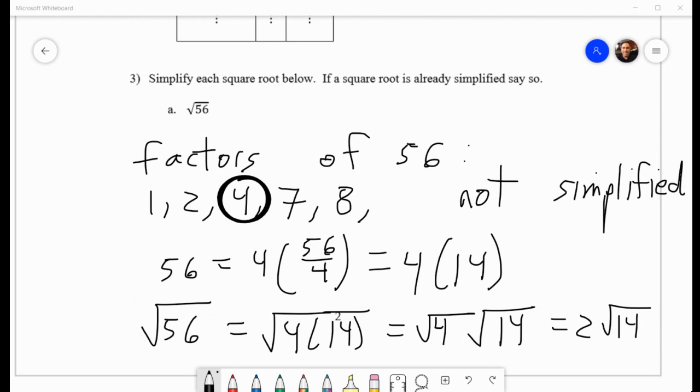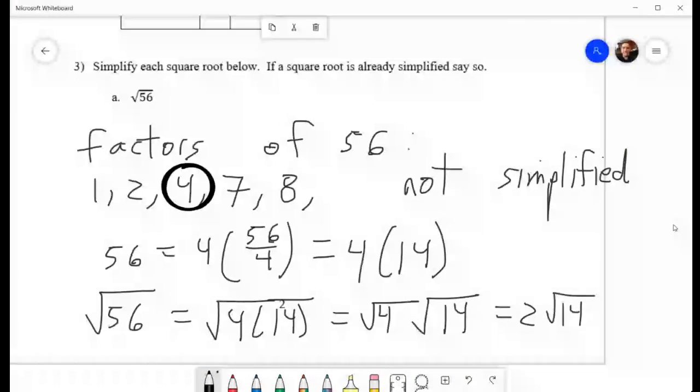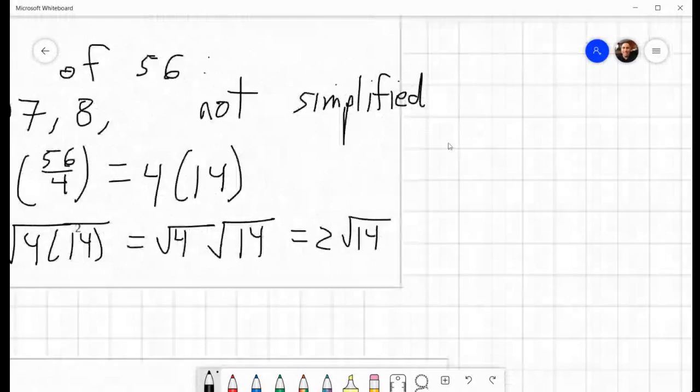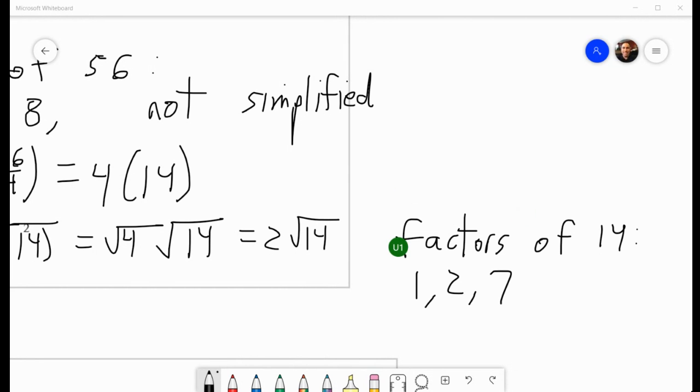I'm going to have to go off the page here. Move this over. Oh, no. Come on. There we go. All right. So now let me write this down. For 14, what are the factors of it? Well, we have 1, 2, 7, and 14, of course, and that's it.